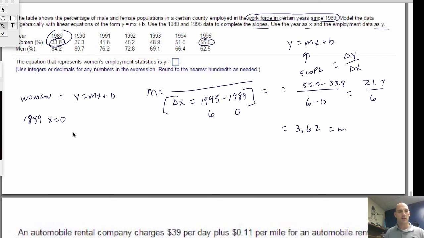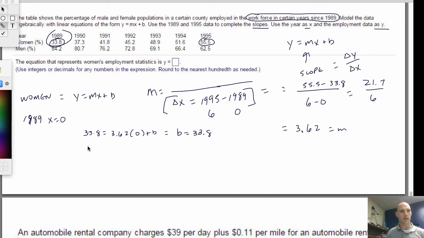So y equals mx plus b. y is my employment data, so 33.8 equals 3.62 times 0 plus b. That would mean that b is equal to 33.8. And so my equation is, let me grab a red here, y equals 3.62 times x plus 33.8.